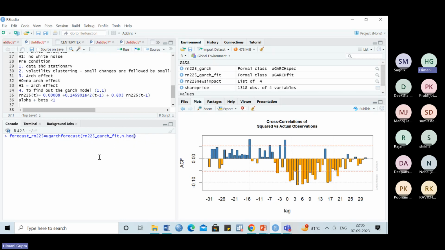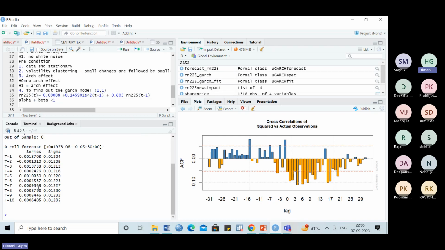If I want to calculate only 10 ahead volatility, I'll be using the command n dot head equals 10. So all your future volatility is stored in forecast underscore RN225. Now I'll write forecast RN225 and enter.